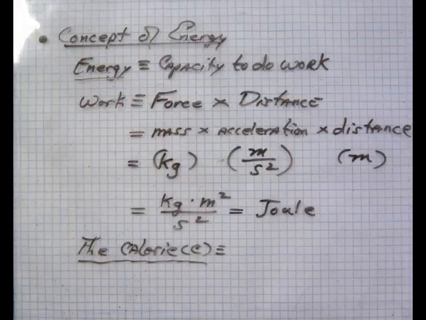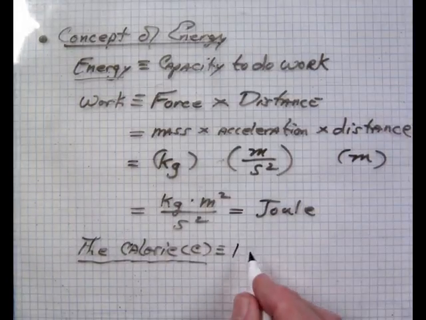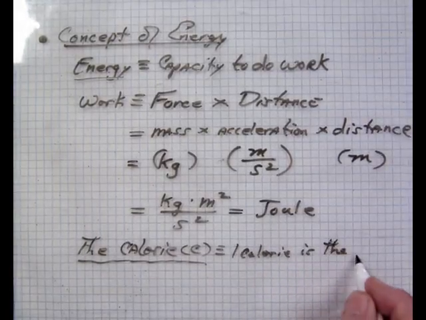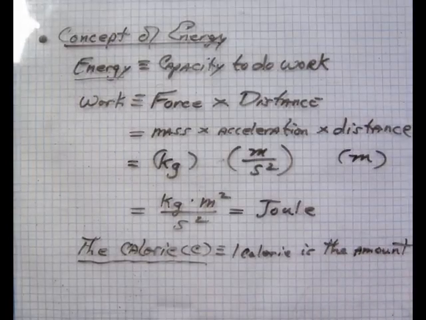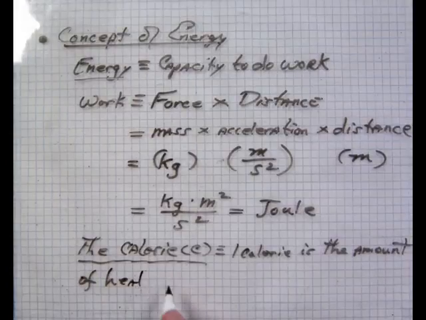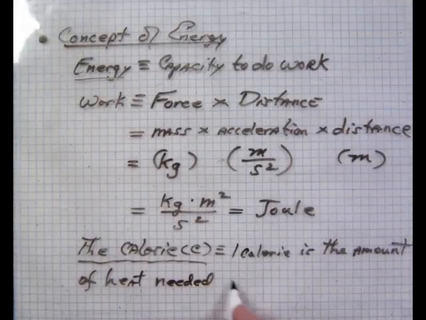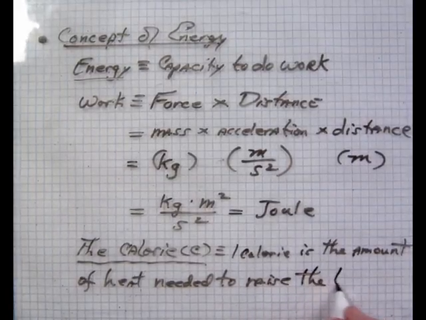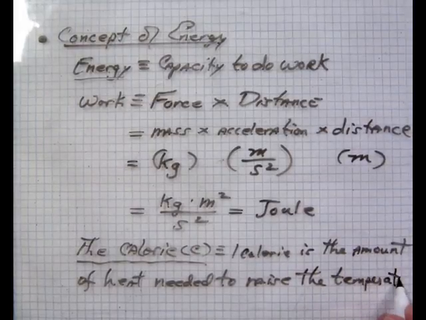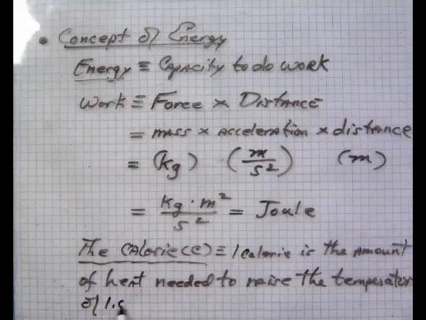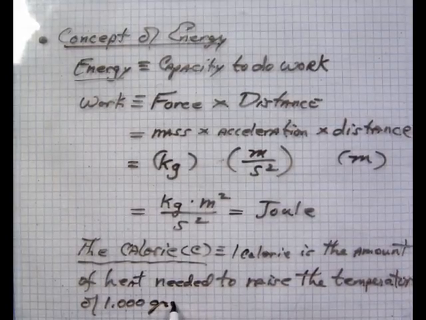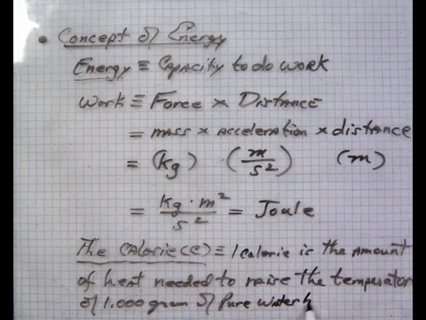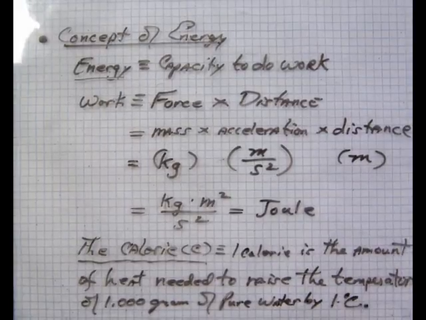By definition, 1 calorie is the amount of heat needed to raise the temperature of 1.000 gram of pure water by 1 degree Celsius.